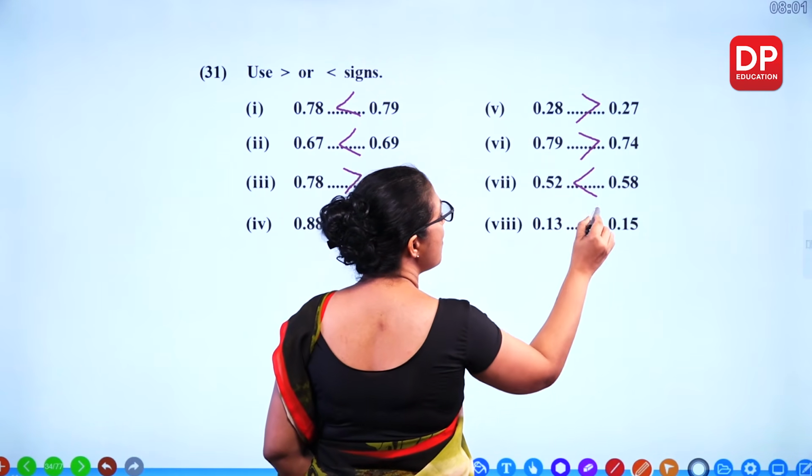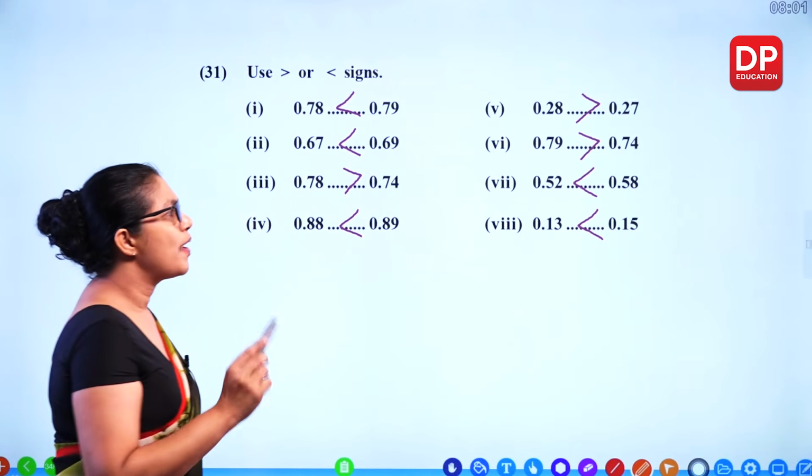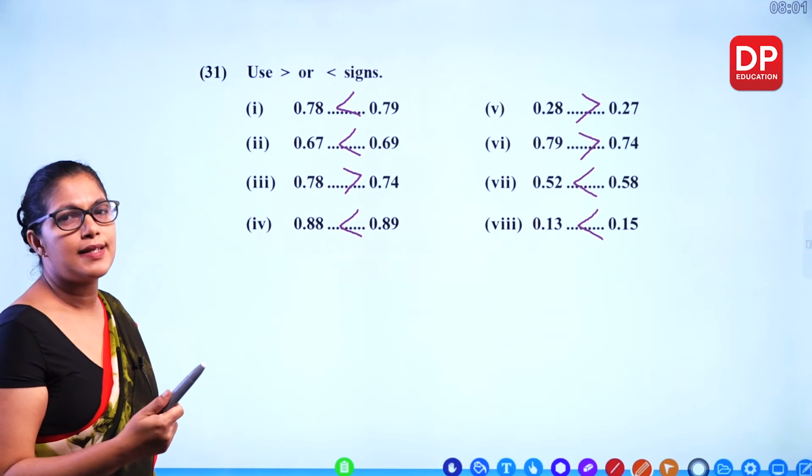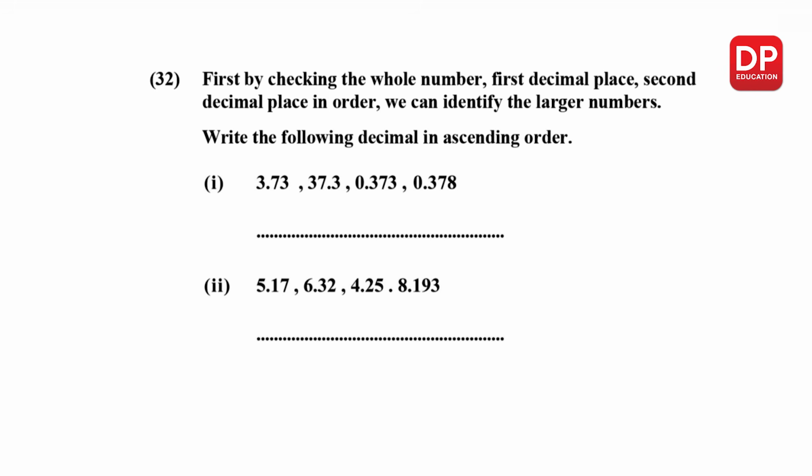And 3, 5: 5 is bigger. So when the first decimal place is the same, look at the second decimal place. By checking the whole number, first decimal place, and second decimal place in order, we can identify the larger number.